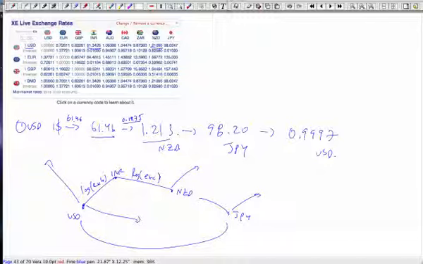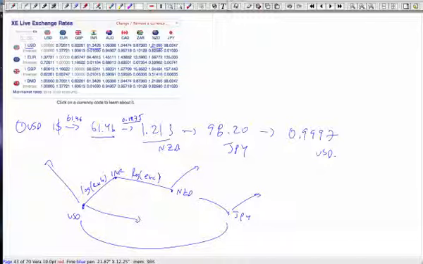So every time I convert from one currency to another, I'm multiplying by a conversion rate. That's why I take logarithms, because now that multiplication becomes addition. And once it's addition, I can phrase this problem as a graph problem, as a shortest path problem.